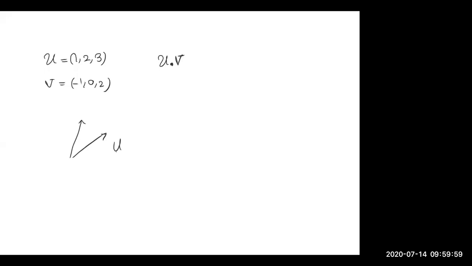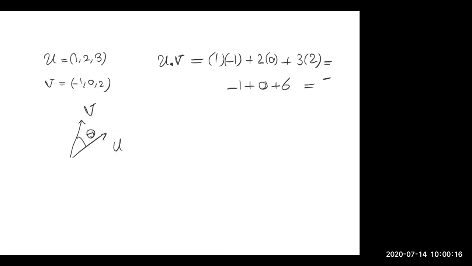Remember there are 2 ways to compute the inner product. One is multiplying components 1 by 1. Right here we would get -1 plus 0 plus 6, which is 5. The other one is multiplying the length of u by the length of v by cosine of the angle between them.